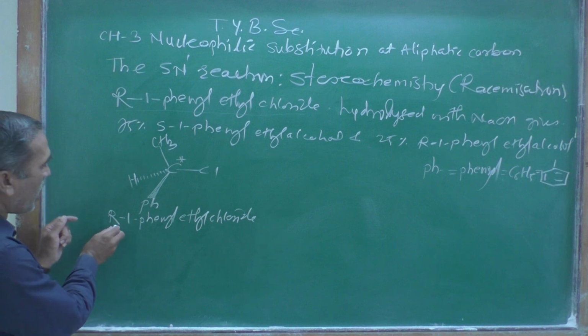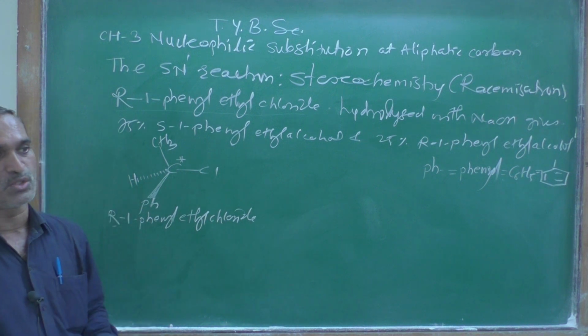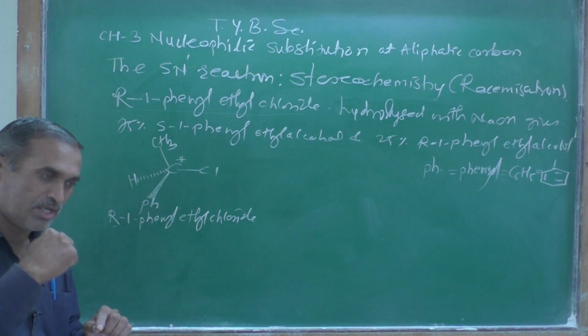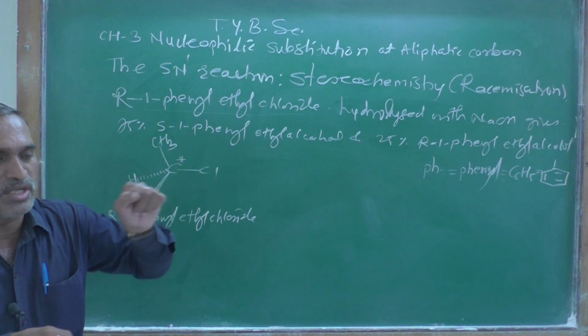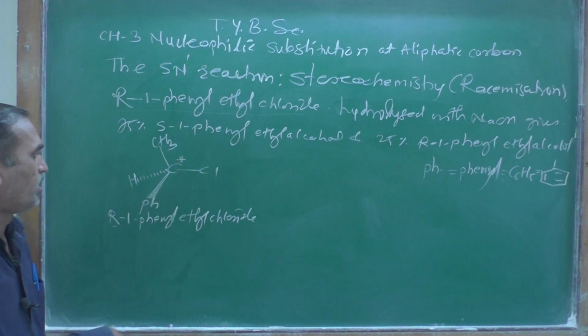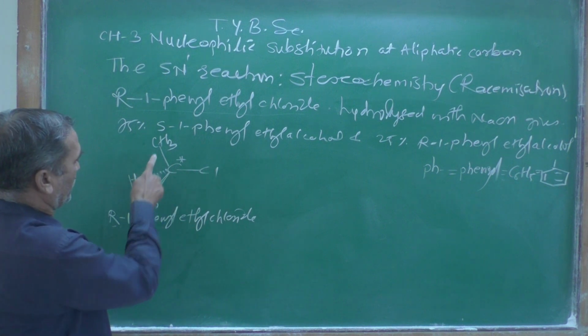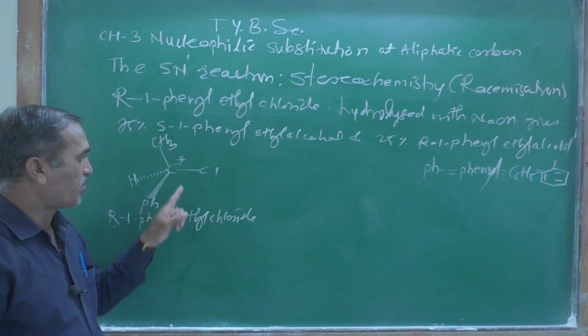Now why is it R? Do you know R? By using the sequence rule, we can give the priority numbers and see the rotation, whether the rotation is dextrorotatory or levorotatory. Look here, this is a chlorine atom, this is carbon, here also a carbon. Which one has the highest atomic number?